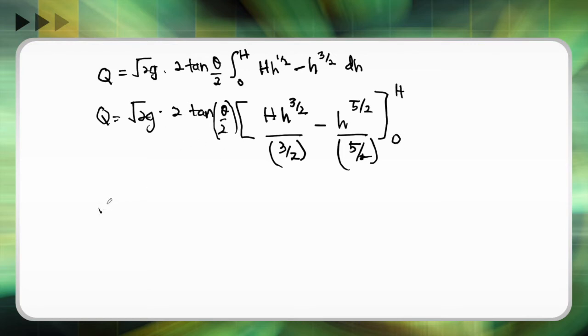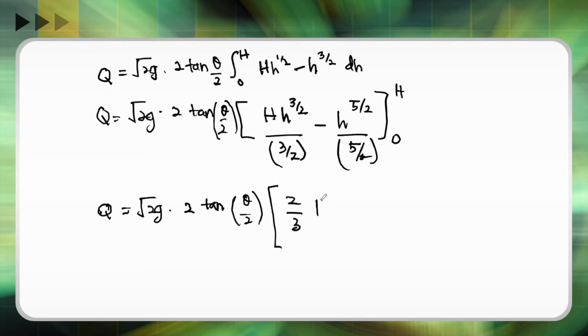Then Q is equal to square root of 2g times 2 tan theta over 2, we have 2 over 3 H to the 3 over 2 minus 2 over 5 H to the 5 over 2, from H to 0.